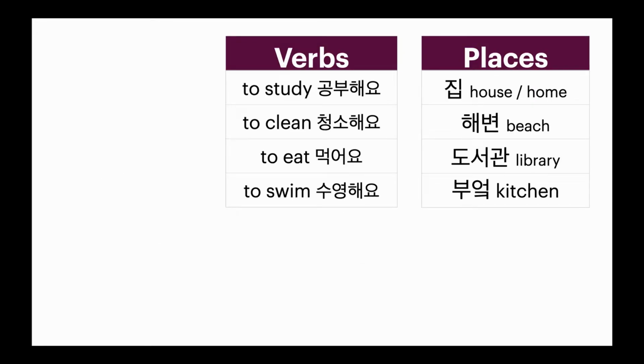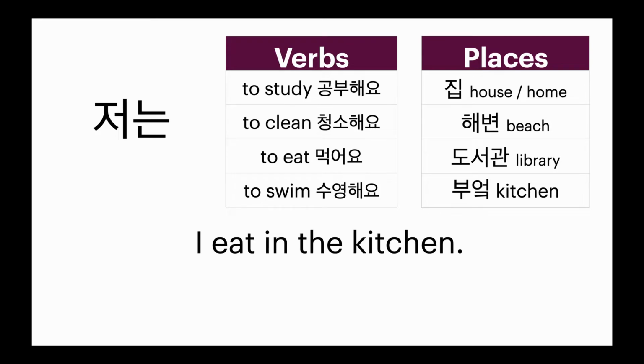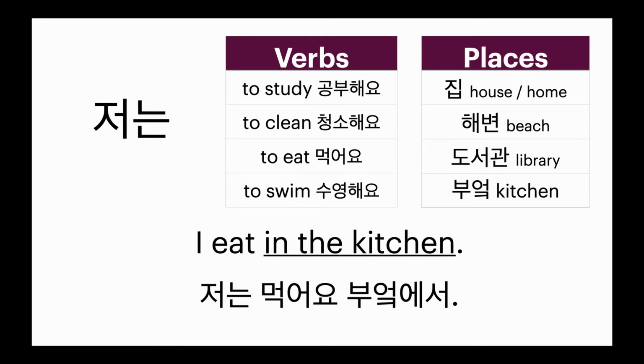Okay, so we've learned some verbs today and we've learned some places today. And of course we know I plus the topic particle is 저는. So let's go ahead and make some longer sentences here. If I have the sentence, I eat in the kitchen, what do you think that might be? Well, first let's start with I. I is 저는, and then we have eat, which is 먹어요. And lastly, in the kitchen is 부엌에서.